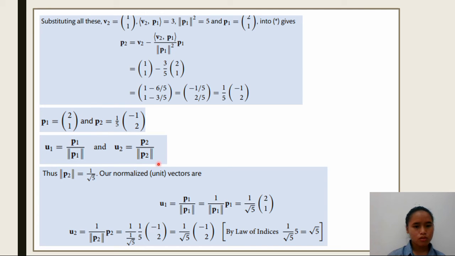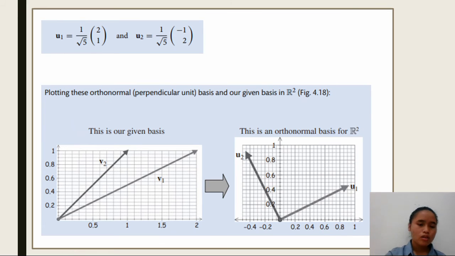So we make the length of P2, from the law of cosines we get this. So we get U1 and U2. This is a plotting. These are the orthonormal, perpendicular unit basis. This is our given basis, and this is an orthonormal basis.